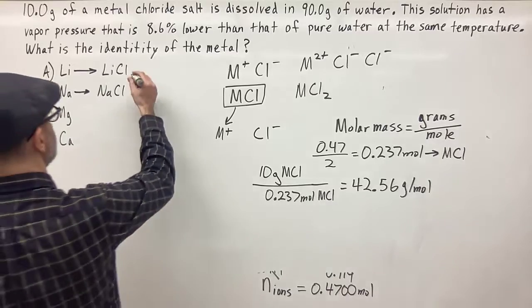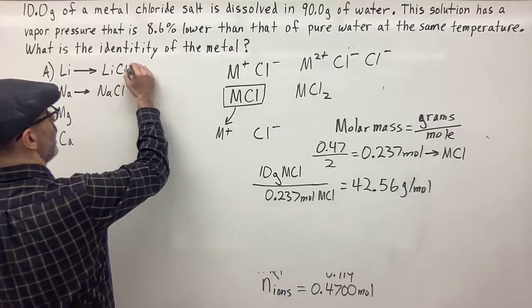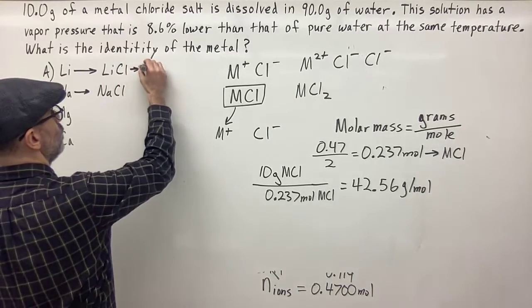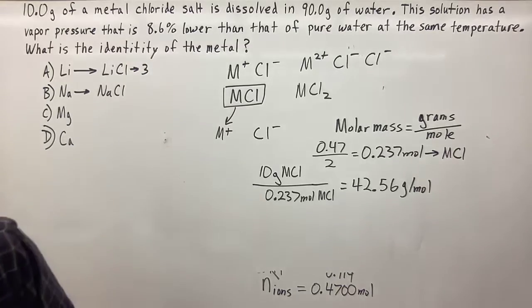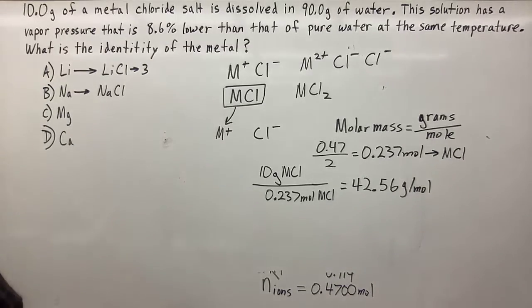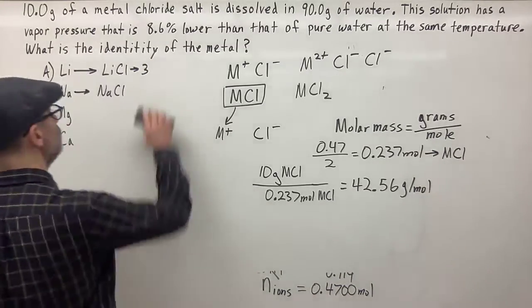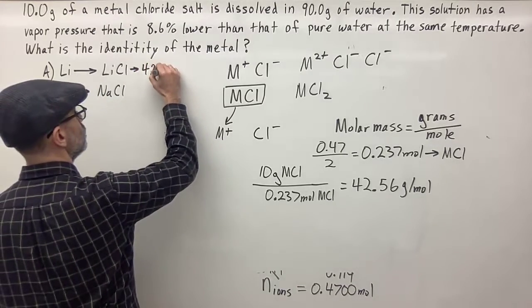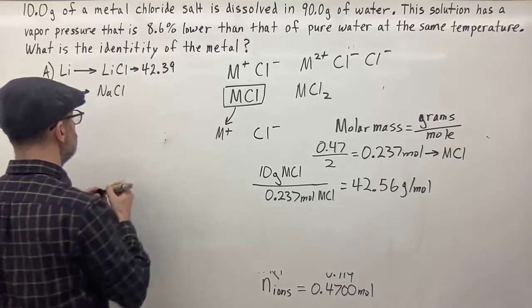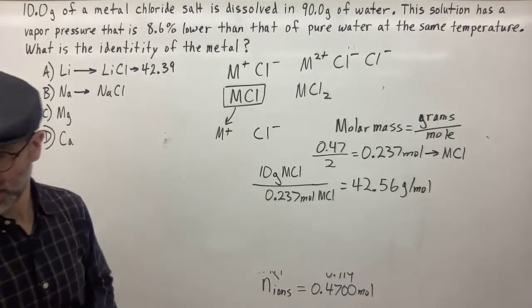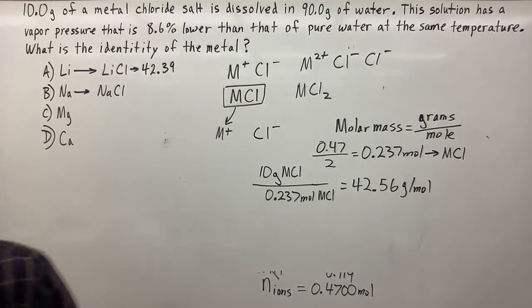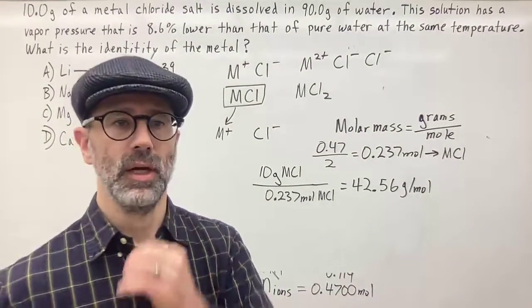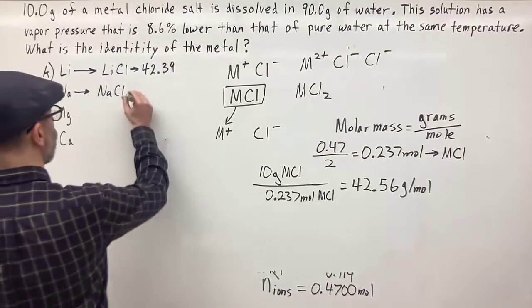So the molar mass of lithium chloride is 42.39. And the molar mass of sodium chloride is 58.44.